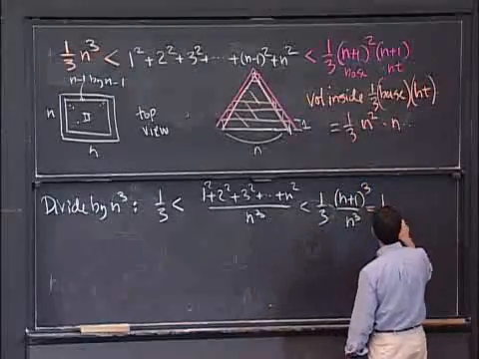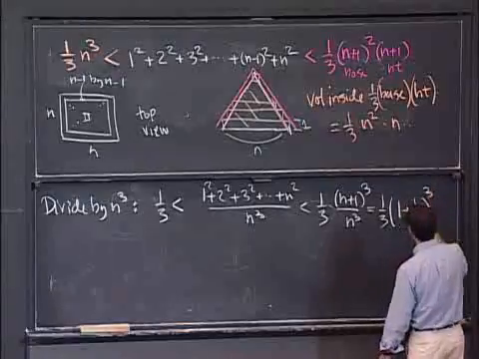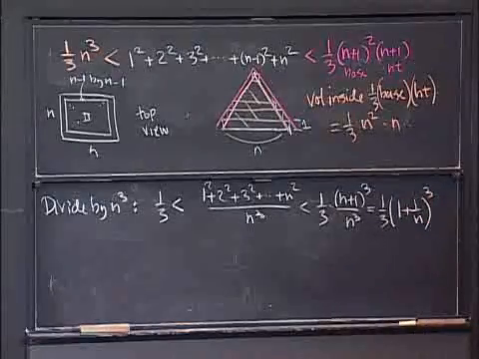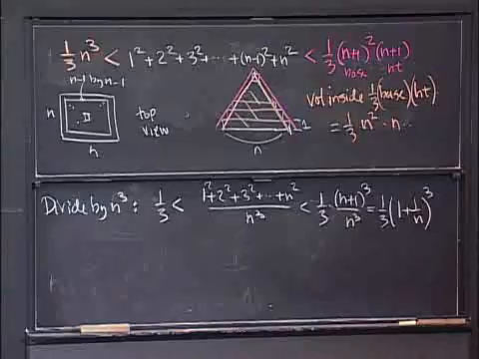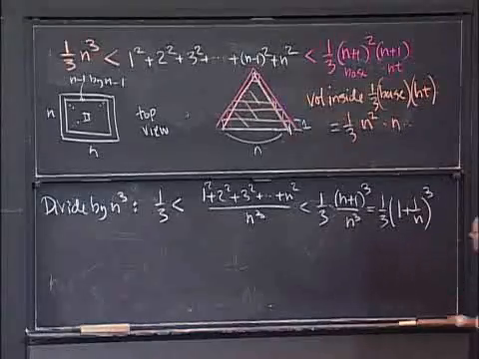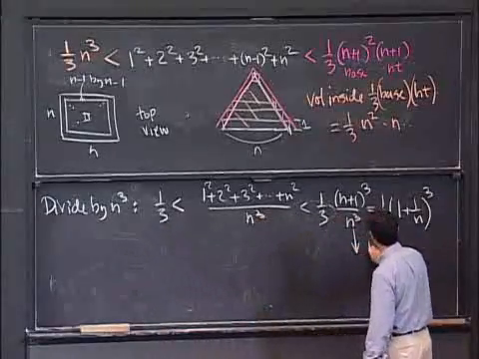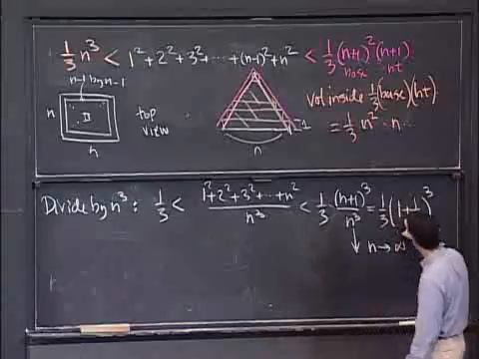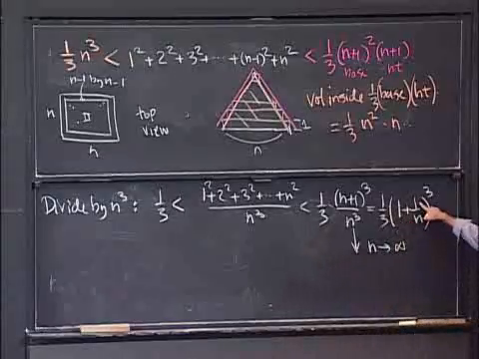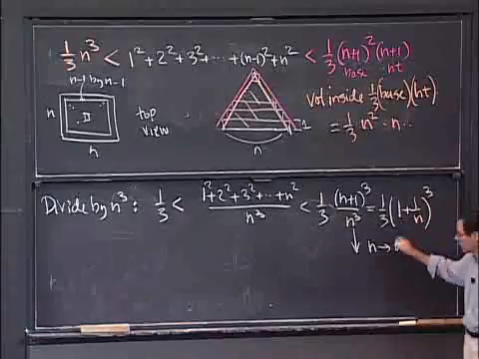And that's a third times (1 plus 1 over n) cubed. And now I claim we're done, because this is a third, and as n goes to infinity, this goes to 0. So this also goes to a third.